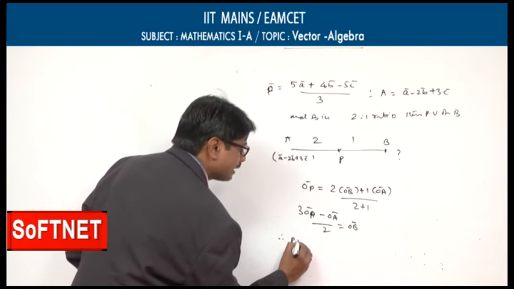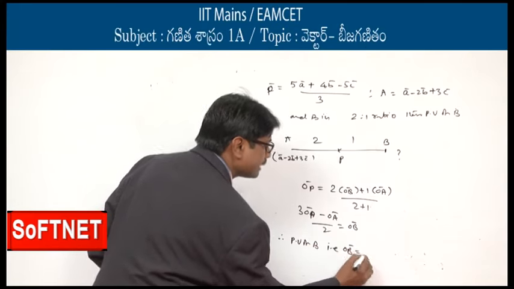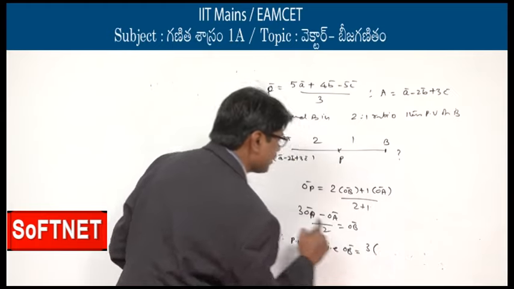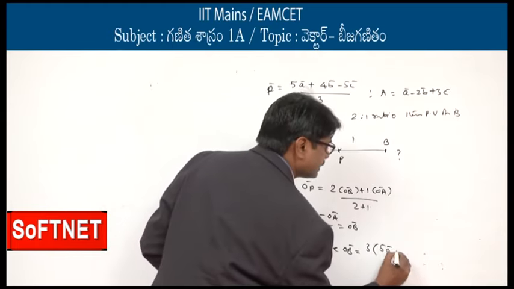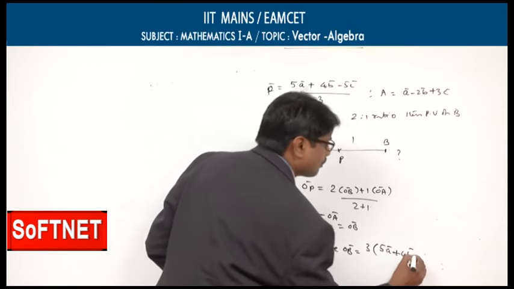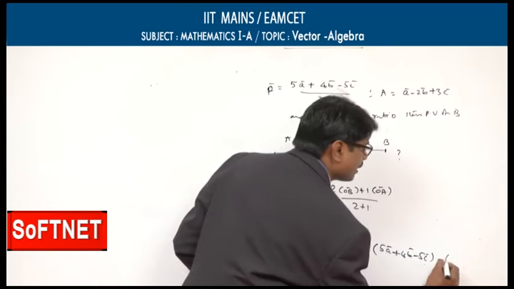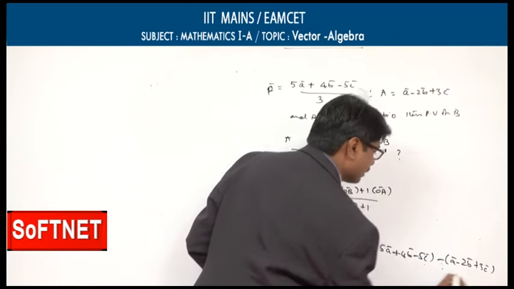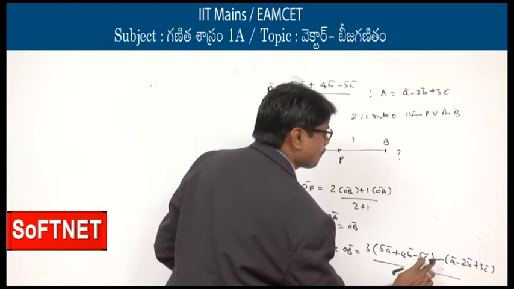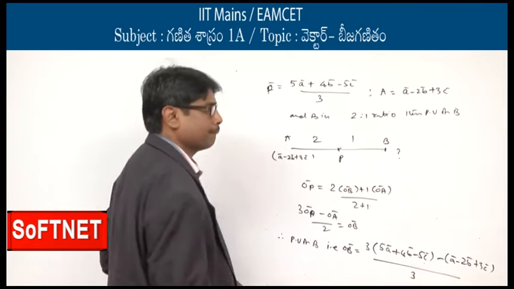Therefore, 3 times OP bar, that is 5 times A bar plus 4 times B bar minus 5 times C bar, minus OA bar, which is A bar minus 2B bar plus 3C bar, divided by 2 plus 1, that is 3.